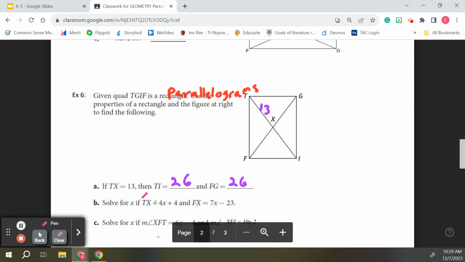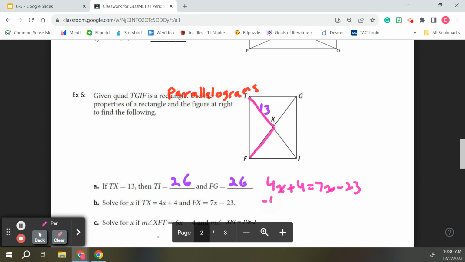All right, for part 2, it says solve for x if TX, this right here, is 4x plus 4, and FX is 7x minus 23. Now, in this case, we're going to set both of these equal to each other since we're talking about this segment and this segment. So this is going to be 4x plus 4 equals 7x minus 23.